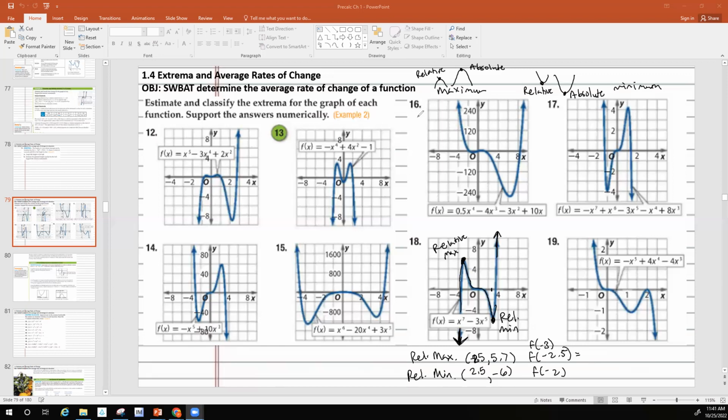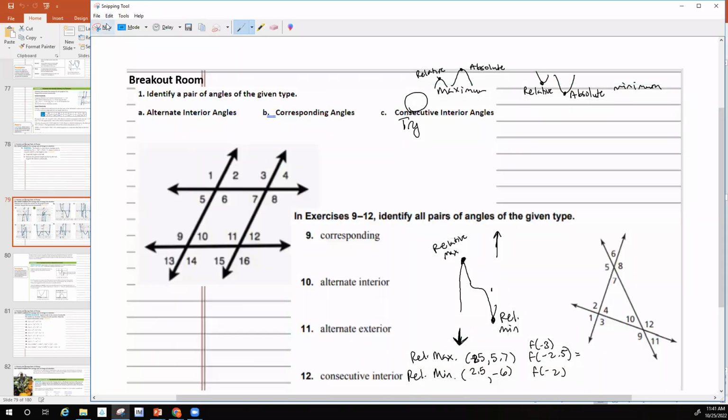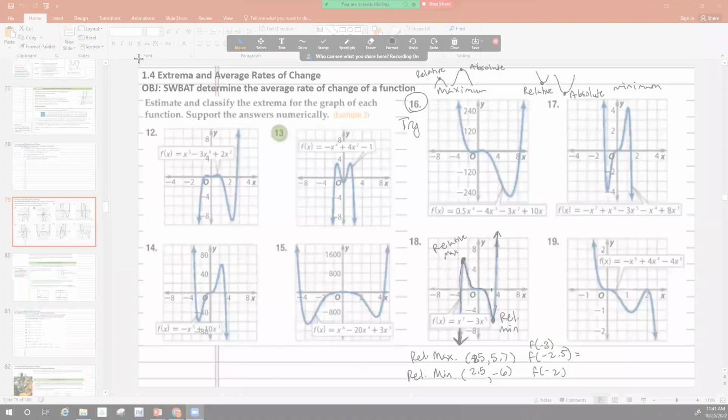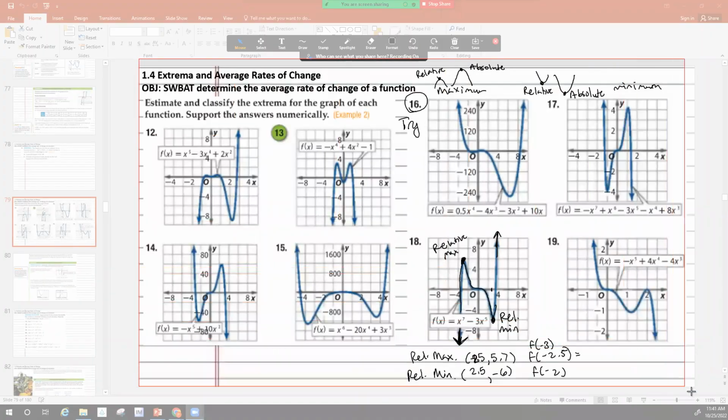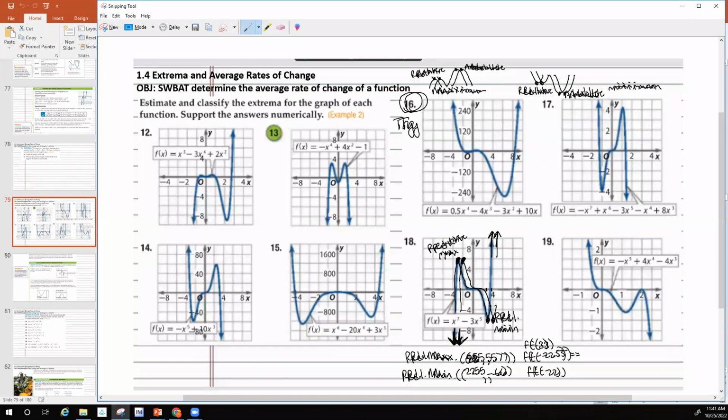Yeah, why don't you try number 16? Try 16 there. Put this in the notes.